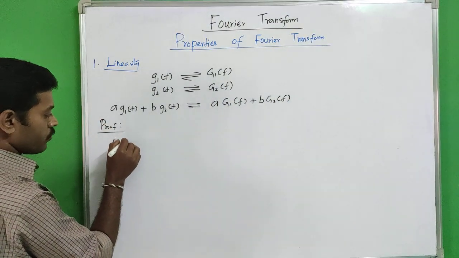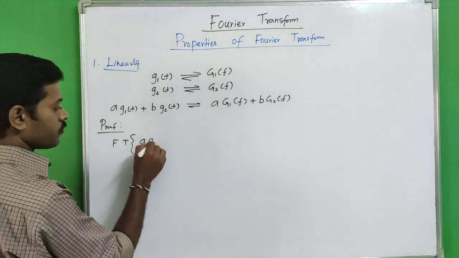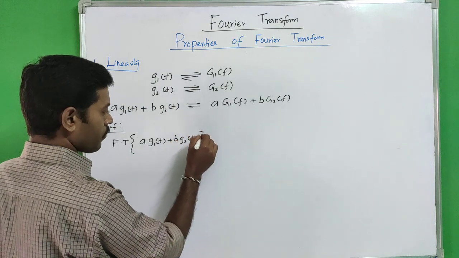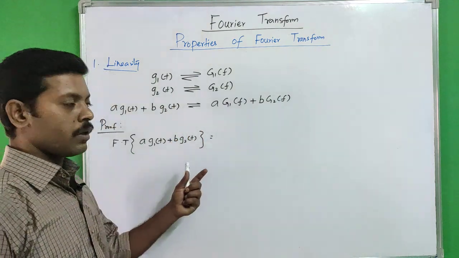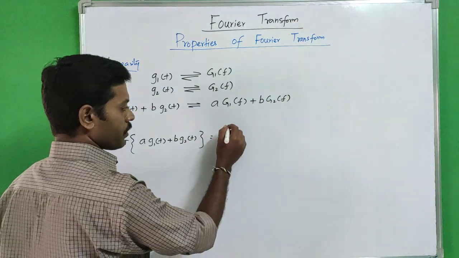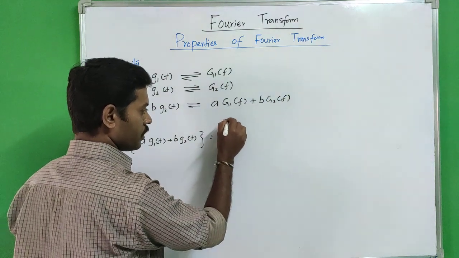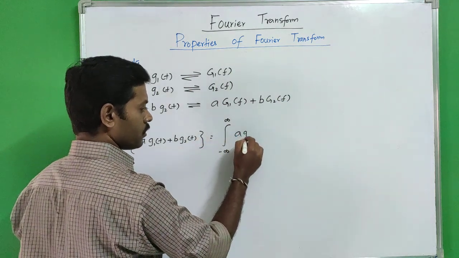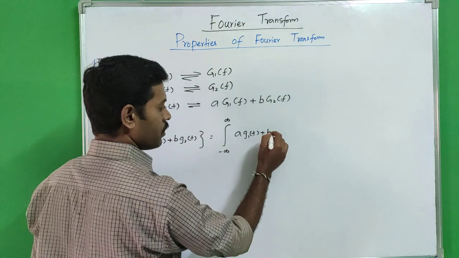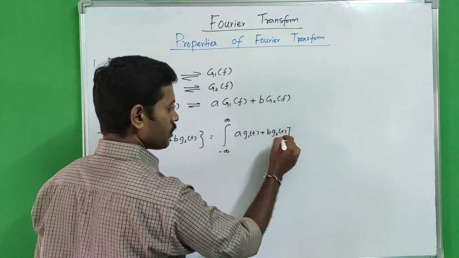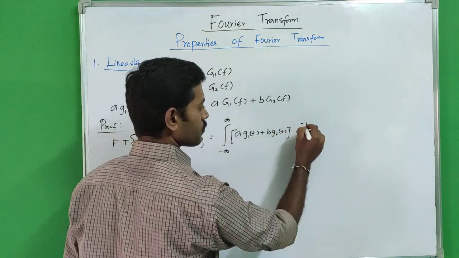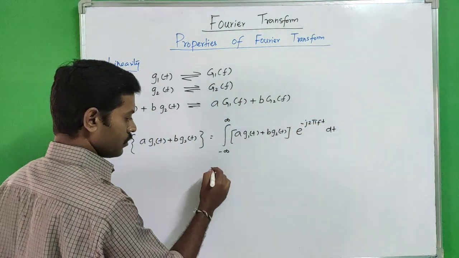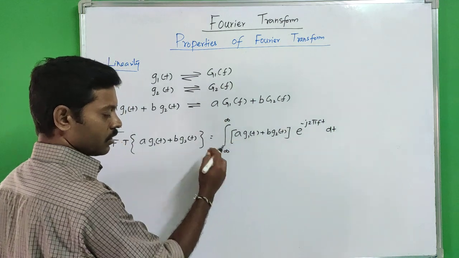Fourier transform of a times g1 of t plus b times g2 of t equals, now I am applying the Fourier transform formula, integration from minus infinity to plus infinity. So here the signal will come, this is the signal a g1 of t plus b g2 of t, into exponential of minus j 2 pi f t dt. Here a is a constant, you can take it outside.